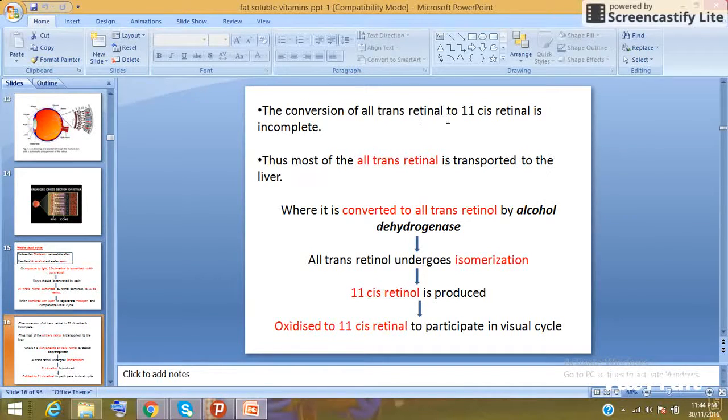The conversion of all-trans retinal to 11-cis retinal is incomplete, so most of the all-trans retinal is transported to the liver. So basically it occurs in two places: one in the eye, and the second in the liver, where it is converted to all-trans retinol by alcohol dehydrogenase. All-trans retinol undergoes isomerization again, and 11-cis retinol is produced, which is oxidized to 11-cis retinal to participate in the visual cycle.